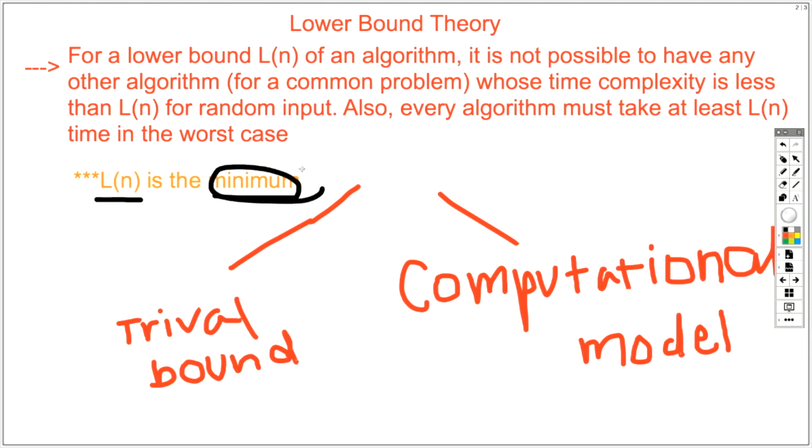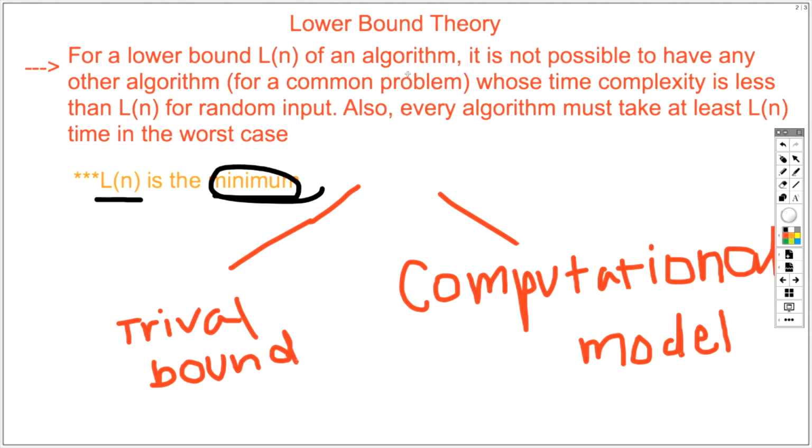The theory is saying that it's not possible for any algorithm for a common problem to have time complexity less than Ln, right? Yes, lower bound theory takes less time for algorithms to run, but there has to be some minimum for that to happen, and that minimum is represented by Ln.